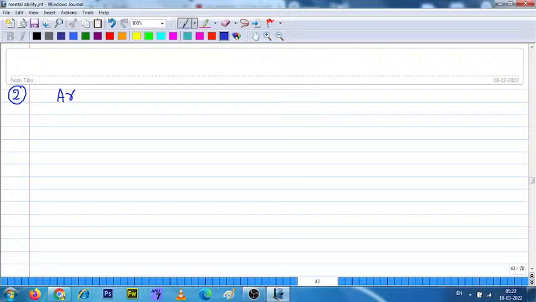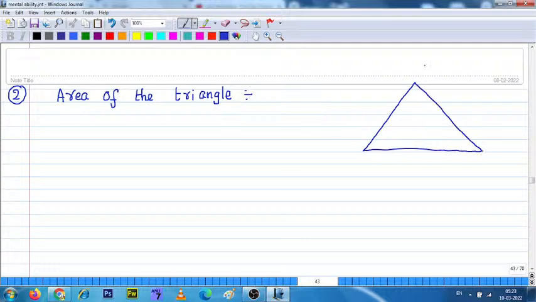Area of the triangle. For example, let us take a triangle now. This is the triangle, say this is ABC.